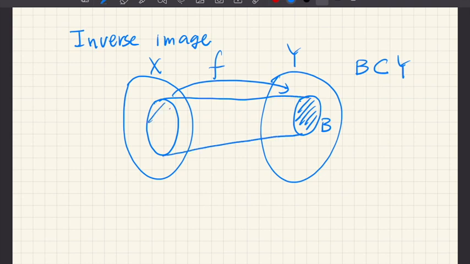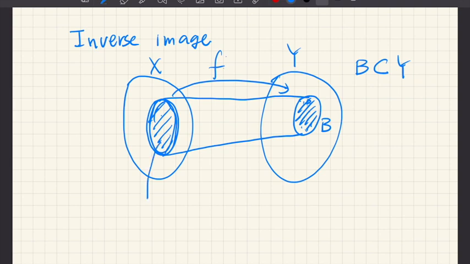So for each element of this subset, there must be a corresponding value here. I mean, it can be empty set if this f is not surjective. But anyway, we can find some value, possibly no values. So this subset of X is called the inverse image of B by f.